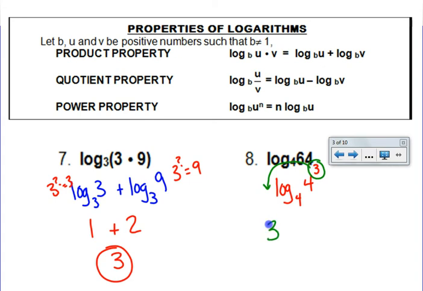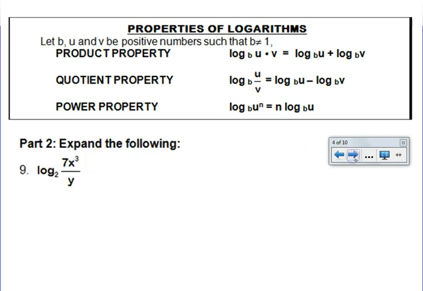So now we've got 3 times log base 4 of 4, and actually, now that I realize it, I could have used an inverse property, but that's okay. Log base 4 of 4 is asking us 4 to what power gives us a 4, and we know that's a 1, so this is really 3 times 1, which is a 3. Again, right here I could have said the log base 4 of 4 cancels.